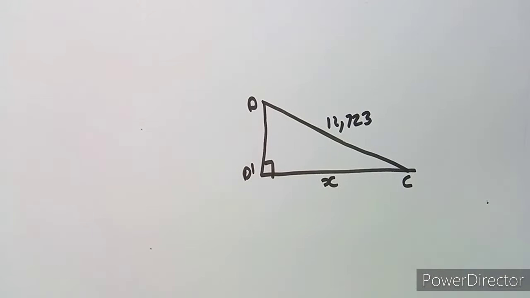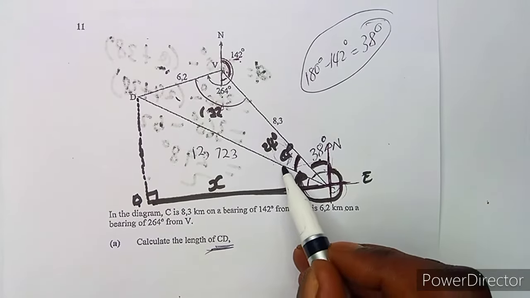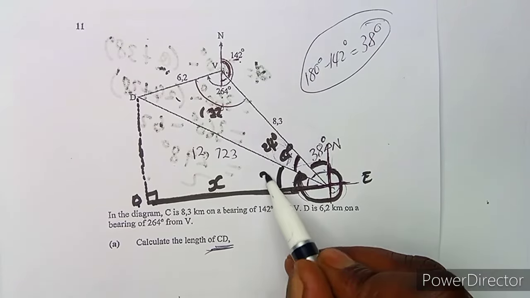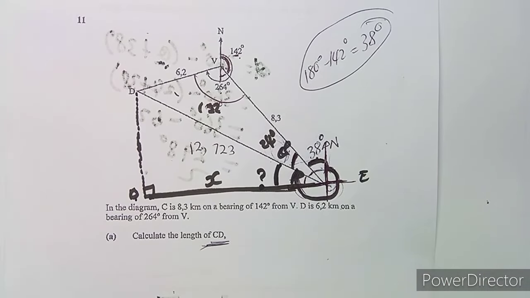So that is the shortest distance that you're going to have, actually this one. So how can we calculate this? At least if I have got any angle inside this triangle, it's going to be easier for me to calculate the side, because I can use my trig ratios because I've got a right-angled triangle.